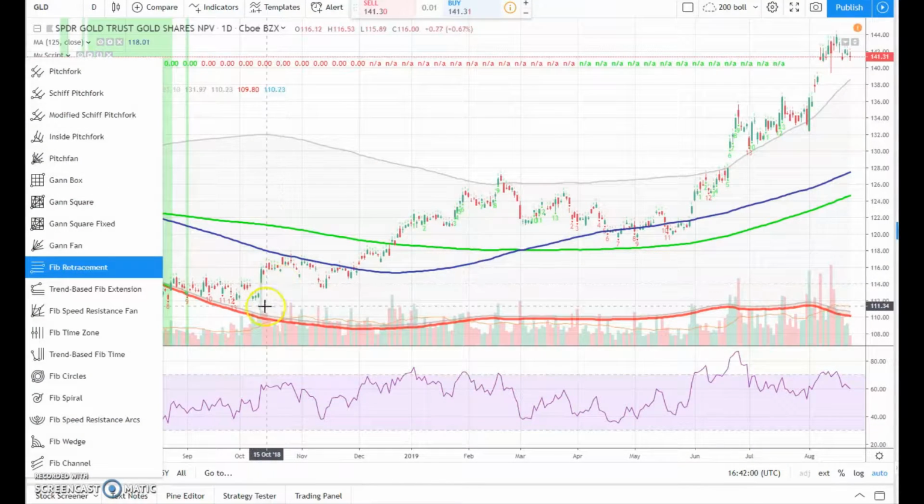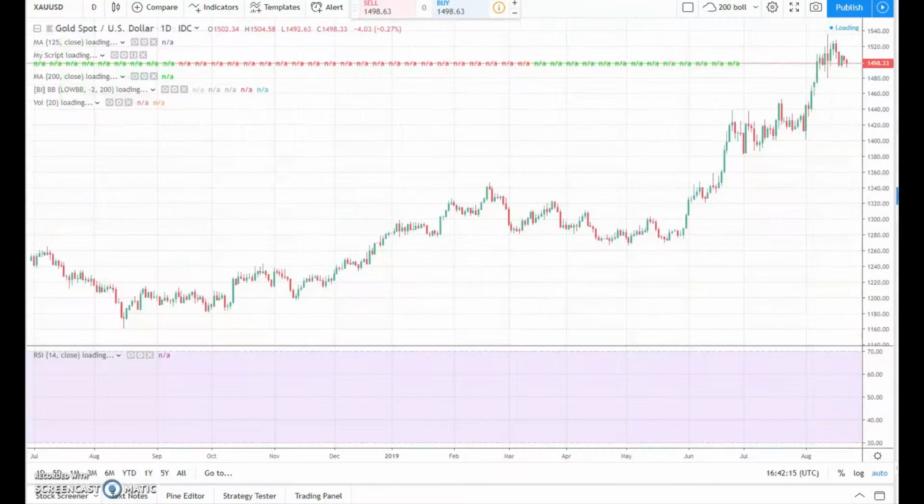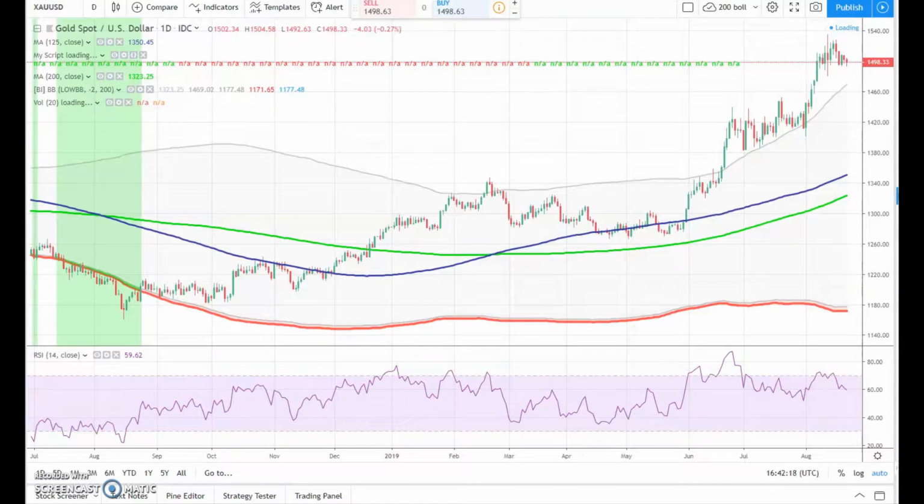And here we go. Let's take the gold trust, gold shares, the Spider of the gold. But actually let's look at the spot price, gold price.